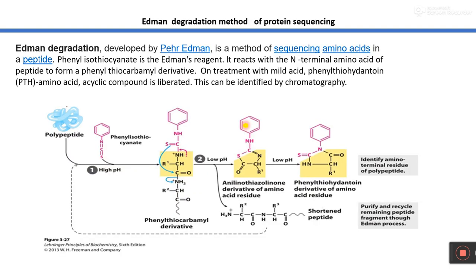The Edman degradation method of protein sequencing was developed by Pehr Edman, and it is a method of sequencing amino acids in a peptide.